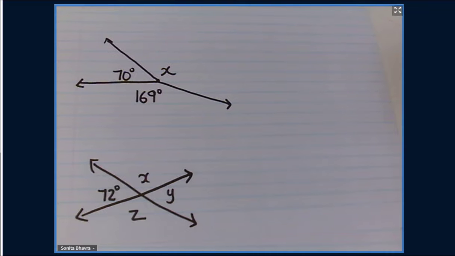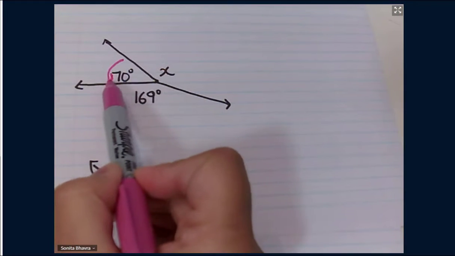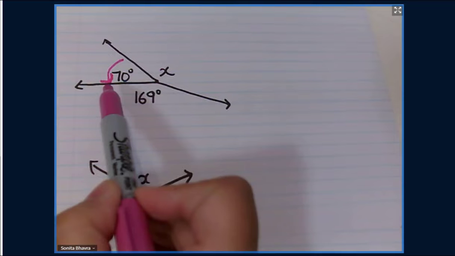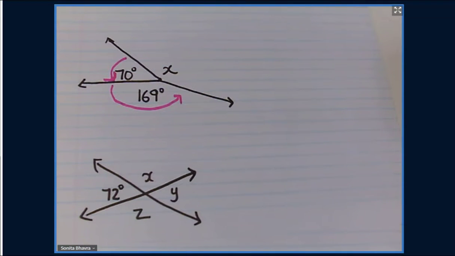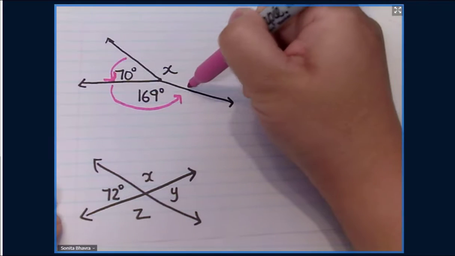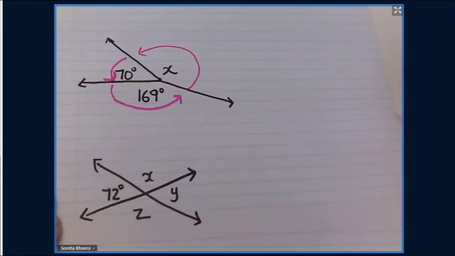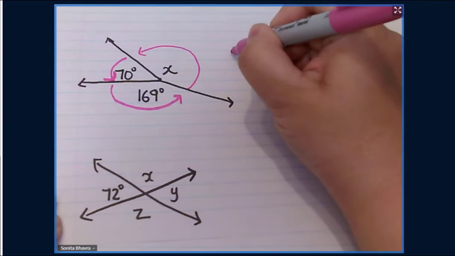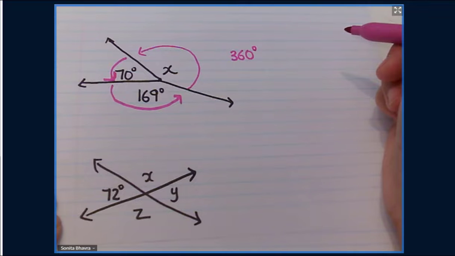All right, so let's look at this example here. So from here to here, we're told it's 70 degrees. All right, and from here to here, we know it's 169 degrees. So if you notice, we are making a full circle like that. All right, so all we have to do is, we know a full circle makes a 360-degree angle.